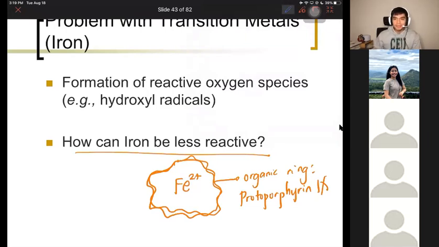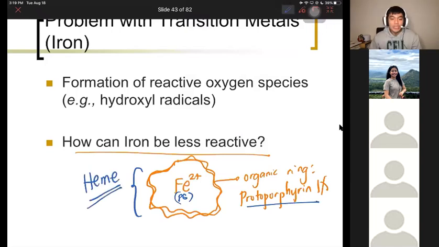Now, makinig, ang tawag natin pag magkasama yung iron at yung protoporphyrin 9, so prosthetic group plus the protoporphyrin 9, ang tawag dyan heme. Okay? So, pag tinago natin ang iron using the protoporphyrin 9, hindi na reactive yung iron. At pag may iron, makakadikit na yung oxygen.